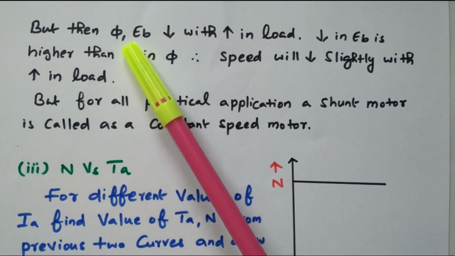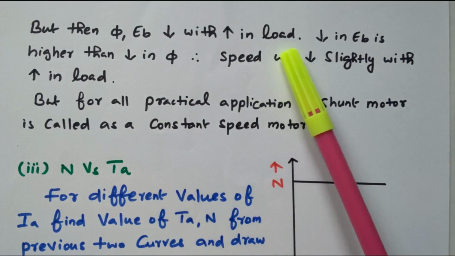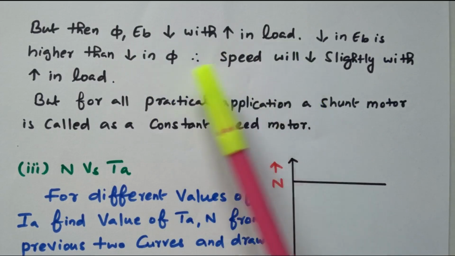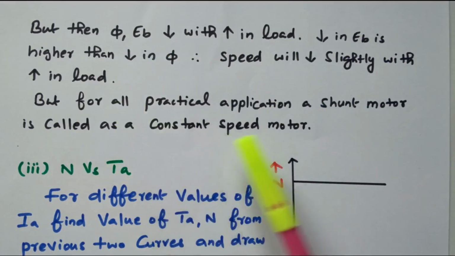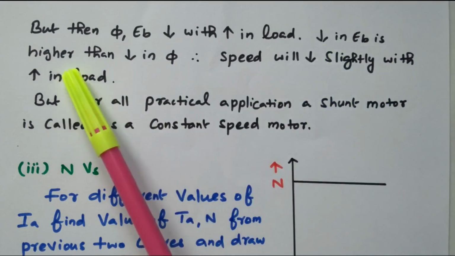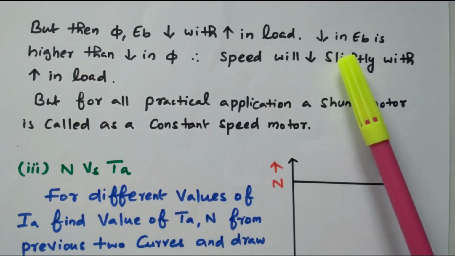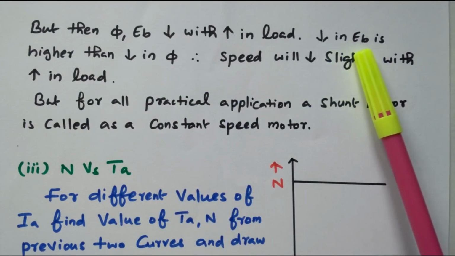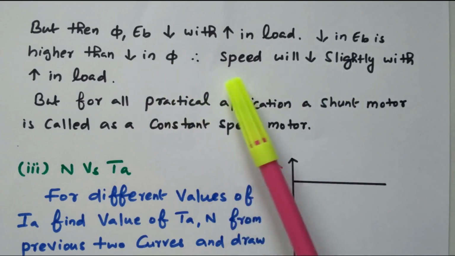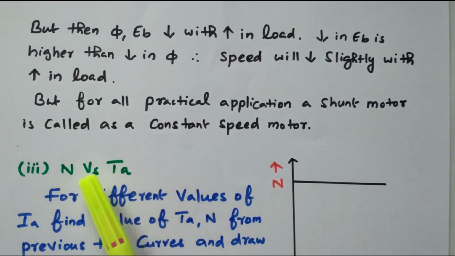But the flux and back EMF decrease with an increase in the load. So the decrease in the EMF is higher than the decrease in the flux. So the speed decreases slightly with the increase in the load.